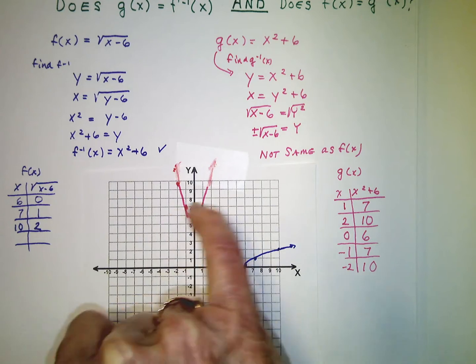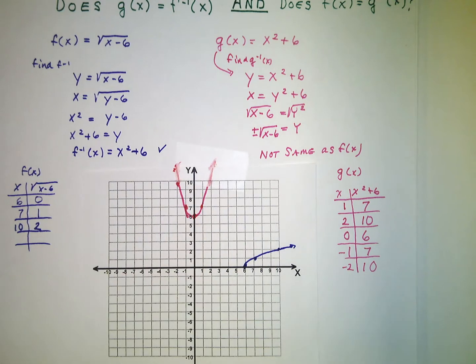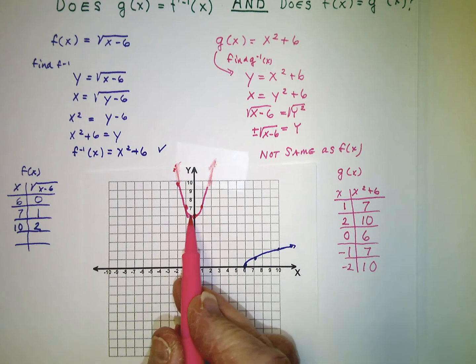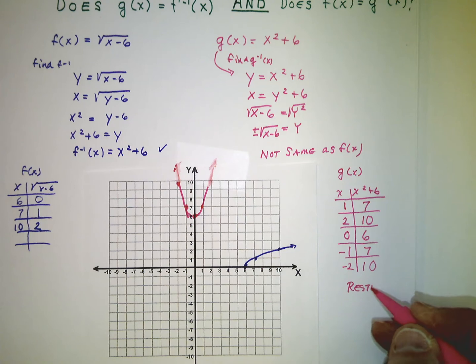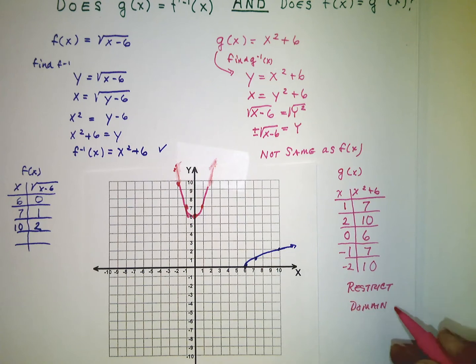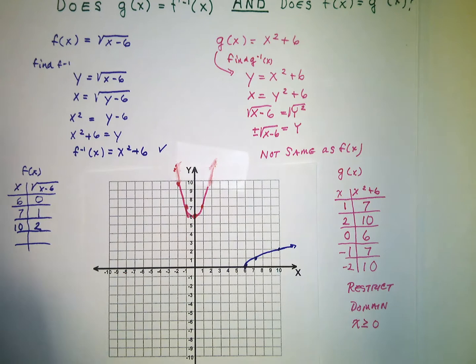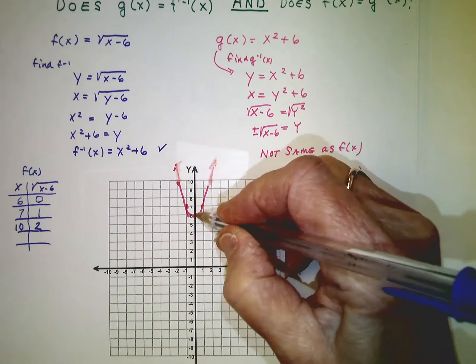So this does not pass the horizontal line test. And you learned from Mrs. Milburn that maybe we can restrict the domain. If we want to make this pass the horizontal line test, we can restrict the domain to x is greater than or equal to 0. And if we do that, we will be using only the right half of the parabola here.